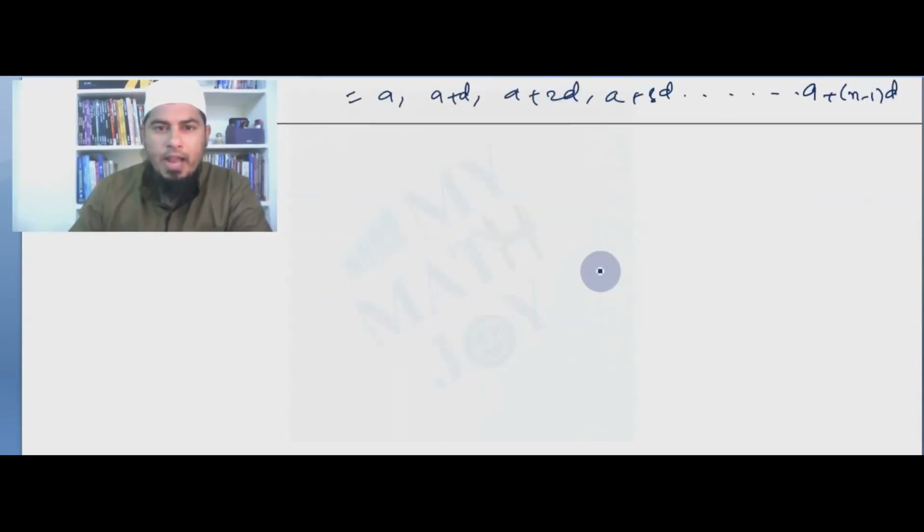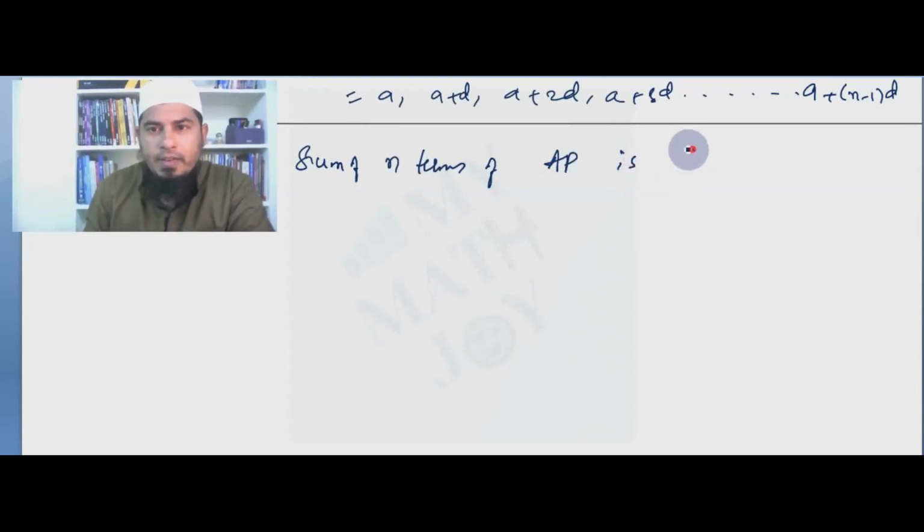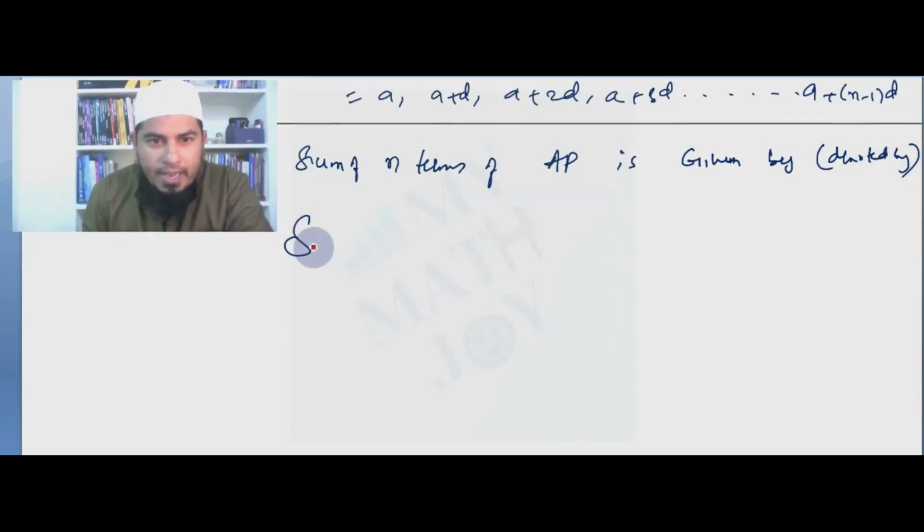We are deriving the sum. So the sum of n terms of an AP is denoted by Sn, and here we remove the commas and write plus.